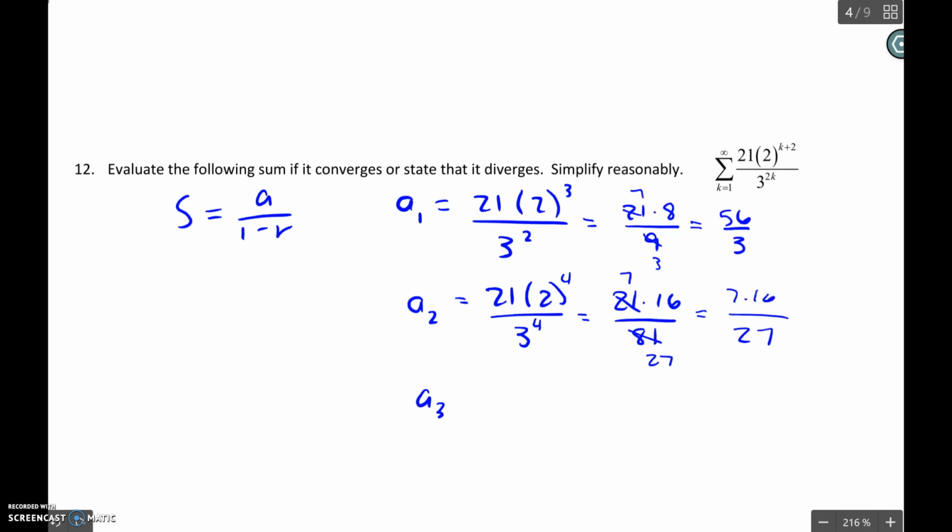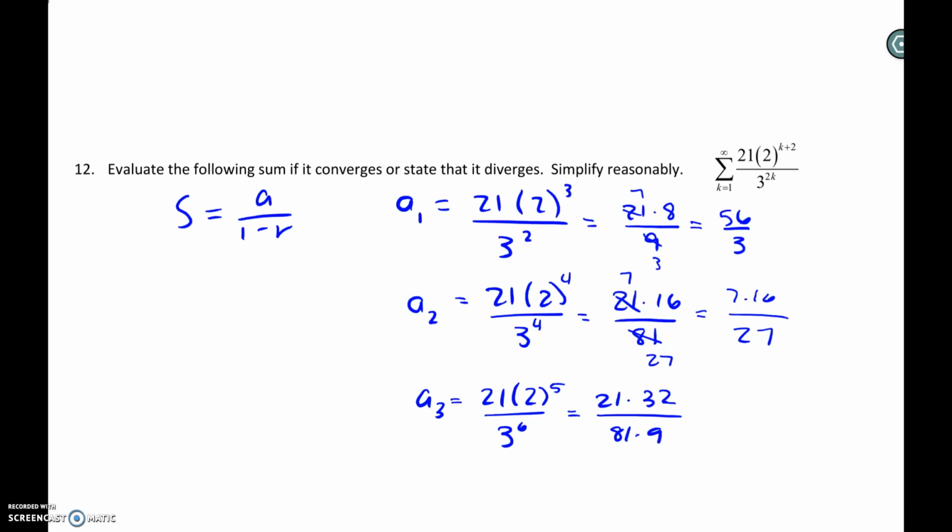Let's do one more. a_3 equals 21 times 2 to the 5th over 3 to the 6th. Again, these numbers are going to get really big: 21 times 32 over 3 to the 6th, 81 times 9. That number is giant. But we need a common ratio.